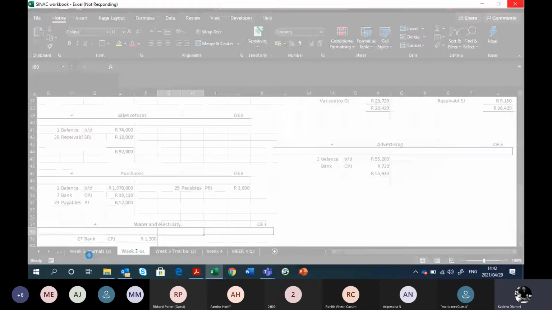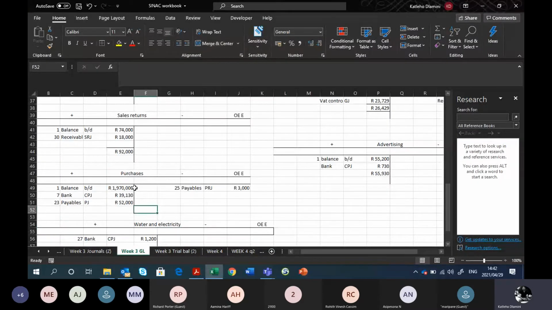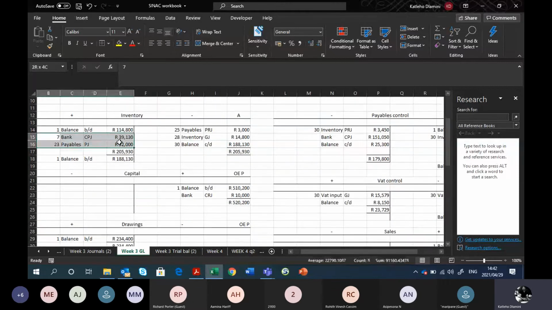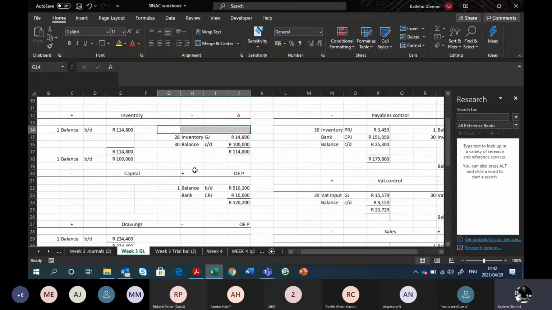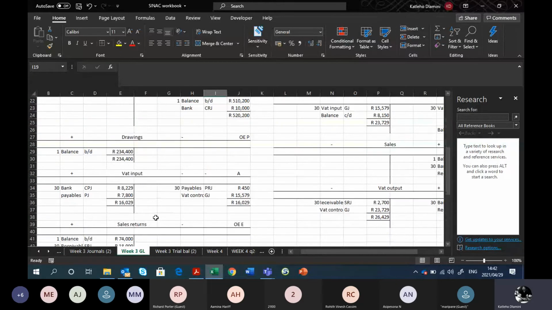Okay. No. Okay. So now that my purchases is fixed, I can then fix my inventory properly. So remove, and we're back at the 100,000. Okay. So then my purchases.